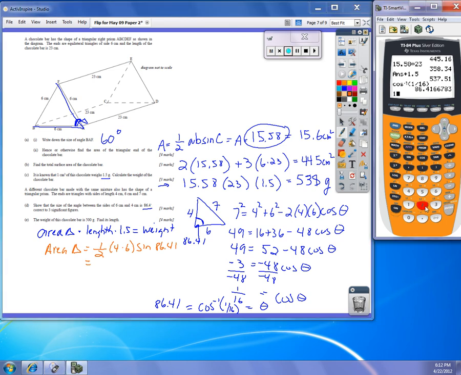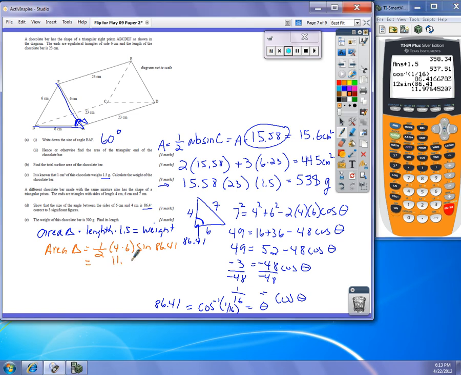So we're going to have 12 times the sine of 86.41. And that's going to give me the area is equal to 11.97. Let's round that up to 11.98 while I'm working.